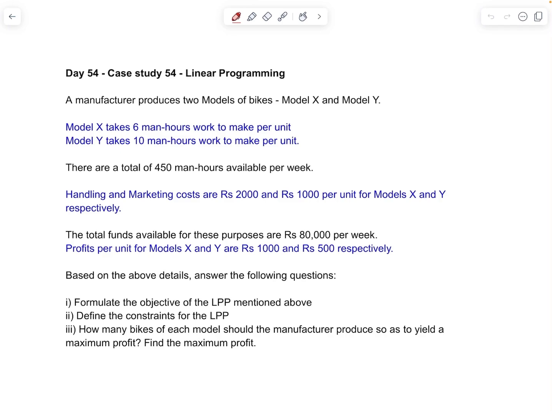First question: formulate the objective of the LPP mentioned above.